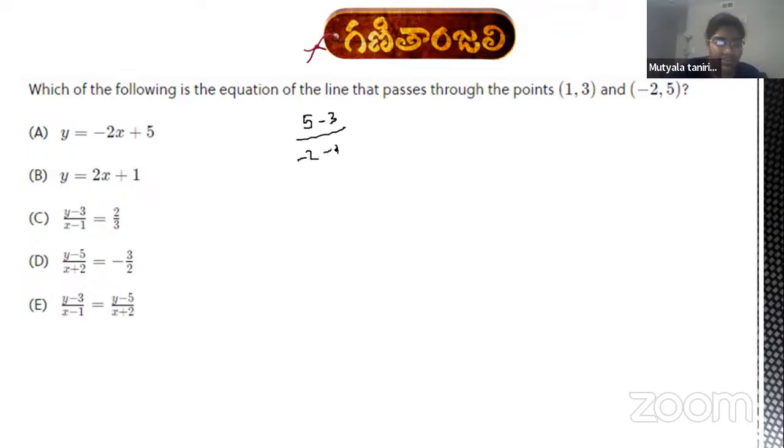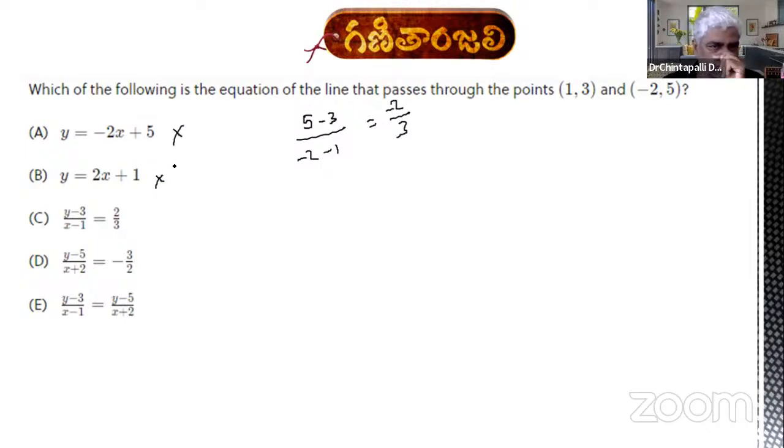So it's not option C. Very good. Not option D either.